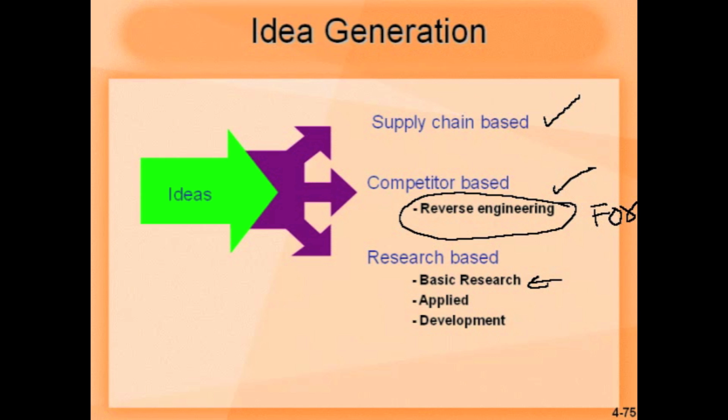So it is generally taking research forward. But in applied research, the objective is also to commercialize it. So the ultimate aim is to profit from that research idea. And development is basically taking those ideas and trying to put them into action.